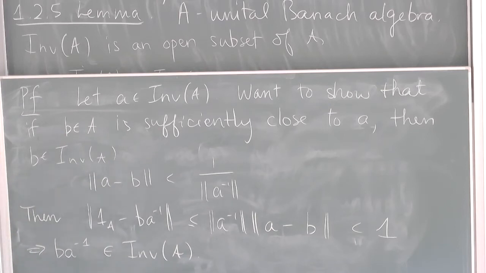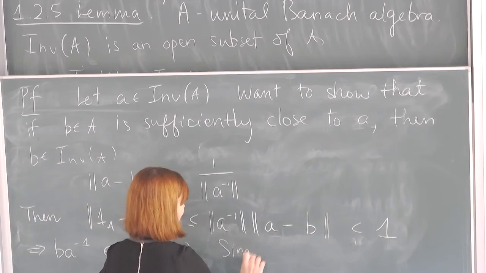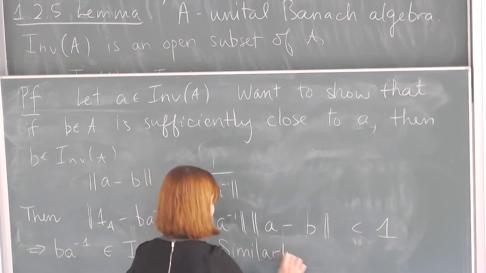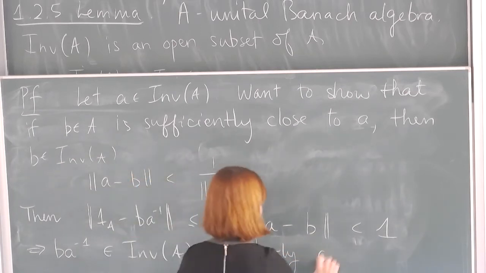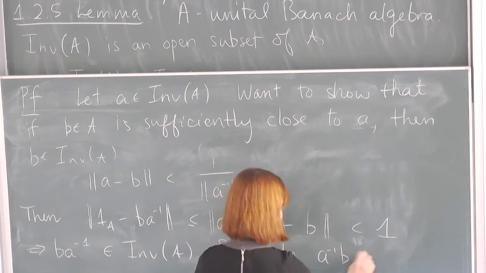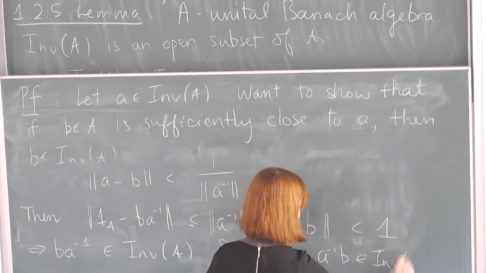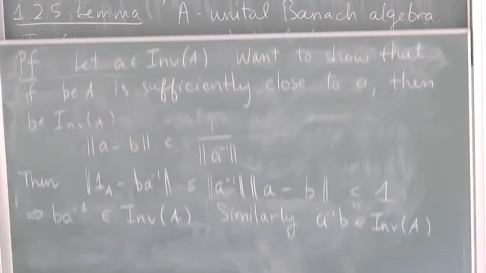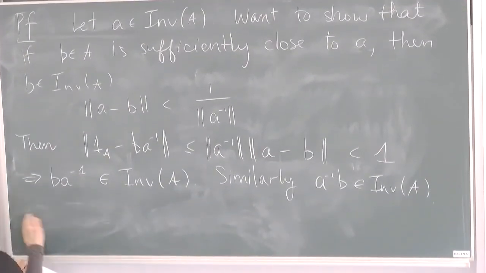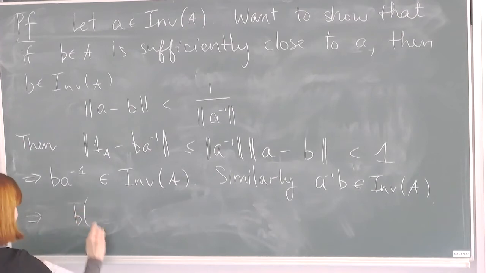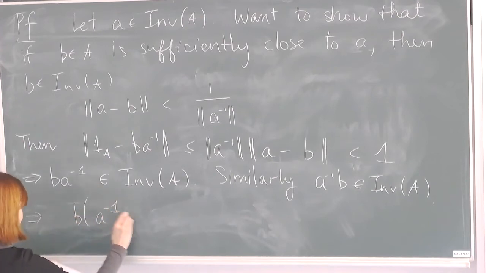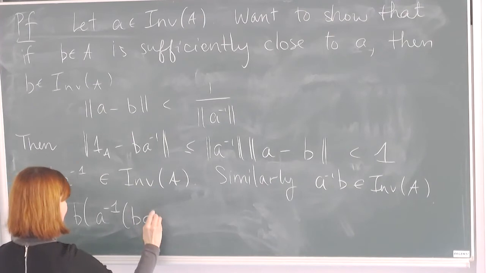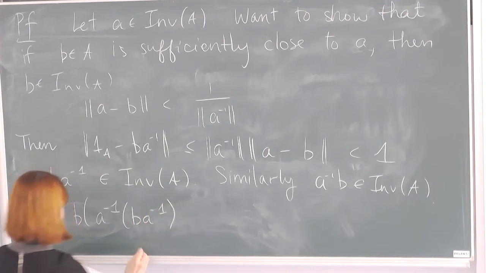And a similar calculation shows us that a inverse b is also invertible. So we get that b times a inverse b a inverse.